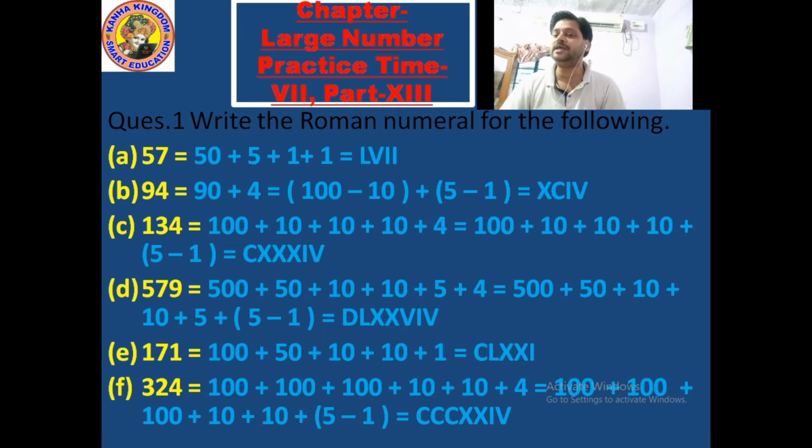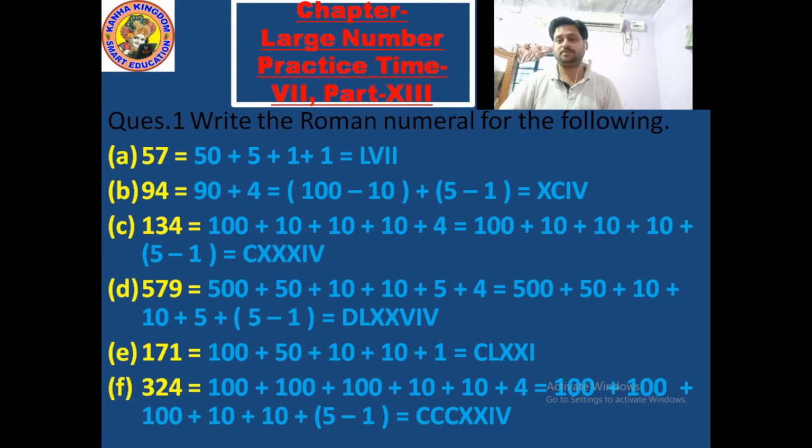V. How can we write 1? I, and another I. The exact answer is LVII. So remember the 7 main letters in your mind, then it is very easy to solve any numeral in Roman form.